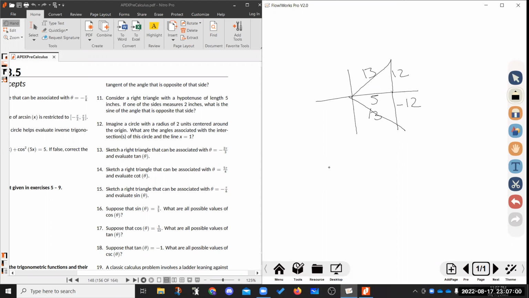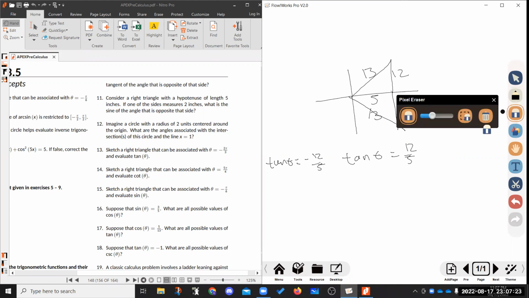What are all the possible values of tangent? Tangent of theta could be equal to opposite over adjacent, which is 12/5, or tangent of theta could be equal to -12/5 if I'm down here in this triangle instead.